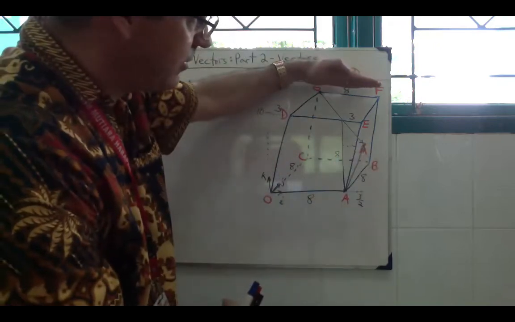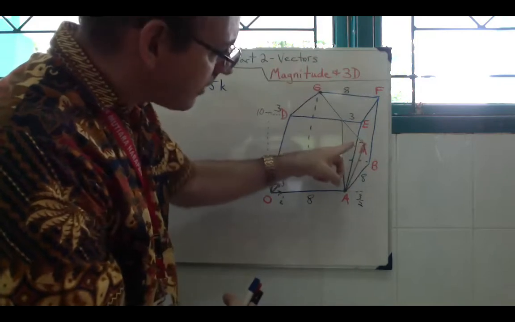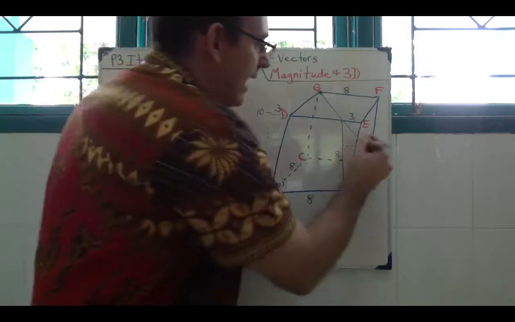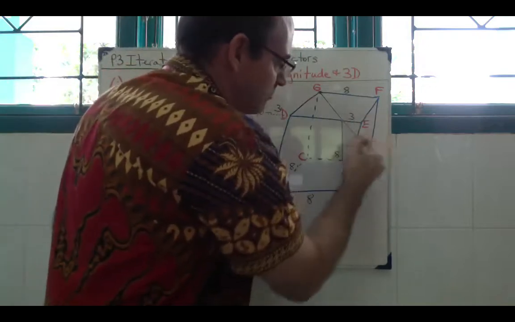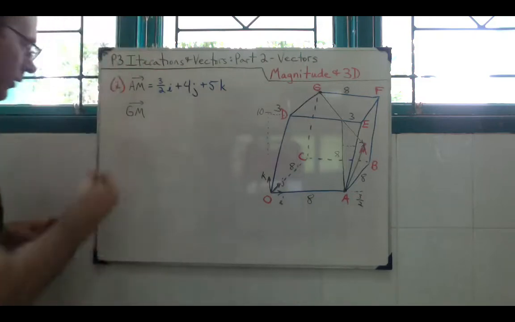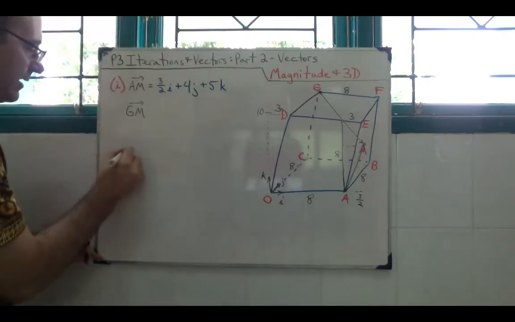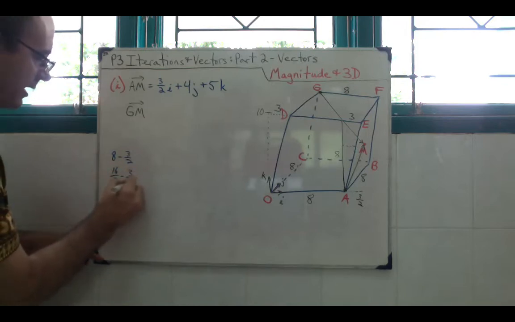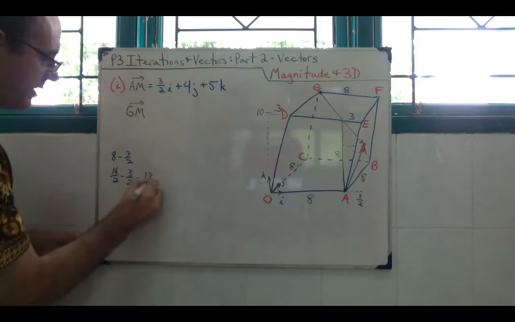So this is 8 going across, but it's recessed back the 3 halves, this 3 halves here. So what we want to do is take 8 minus 3 halves, that's 16 halves minus 3 halves, which is 13 halves.